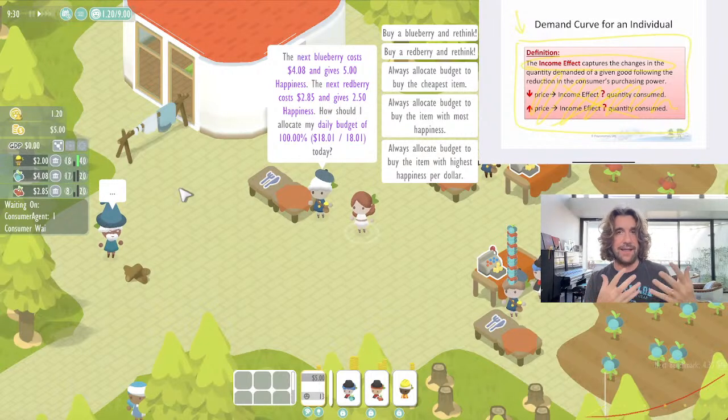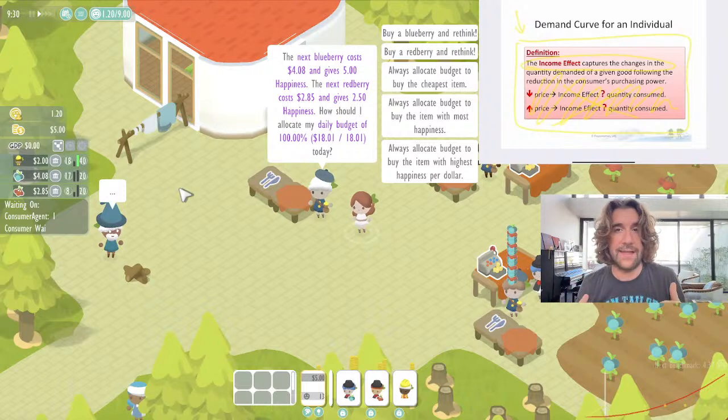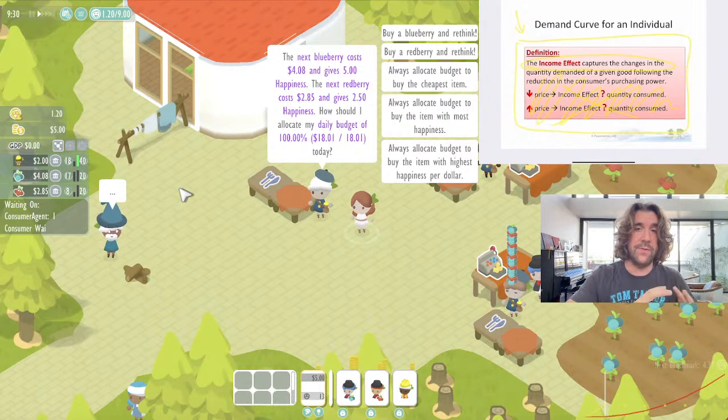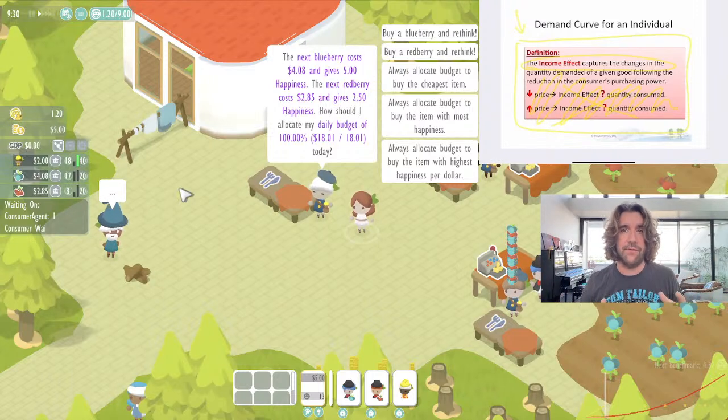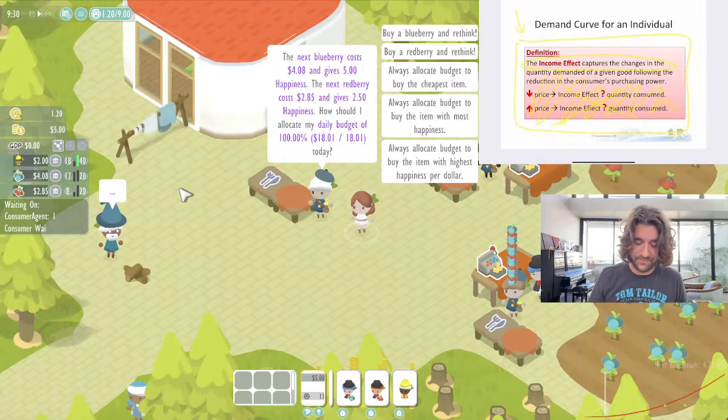They are relatively more expensive than the other good now, so the cost-benefit analysis tells you that the substitution effect is pushing you to consume less of them. And there is also an income effect. When a good gets more expensive, that also reduces your budget, which might make you consume even less of them.